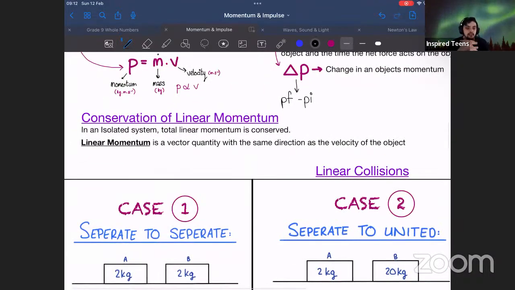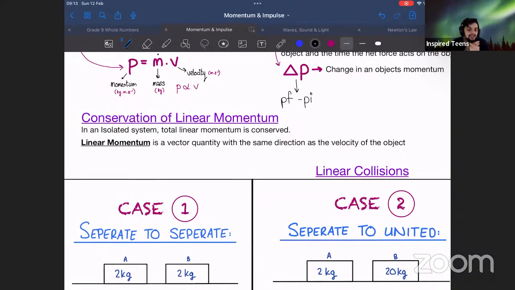Okay, so conservation of linear momentum. Firstly, we describe linear momentum as a vector quantity with the same direction as the velocity of the object. So if the object's velocity is to the left, the object is traveling in the left direction. Now, you need to know the definition of conservation of linear momentum, and understanding it is important for many questions.